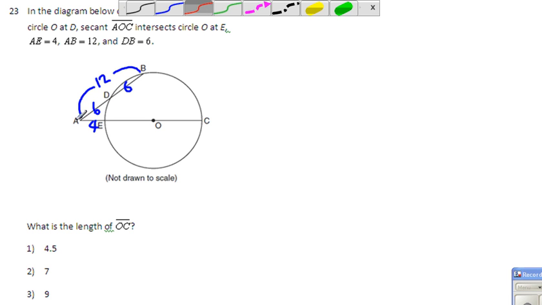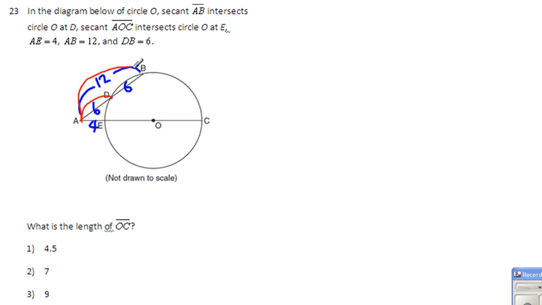The relationship is set up so that outer times the whole thing is equal to outer times the whole thing. Then we can set it up with the upper one, 6 times 12, the whole thing, is equal to 4 times, and if we call this line segment, the diameter, x, then we get 4 plus x once again.